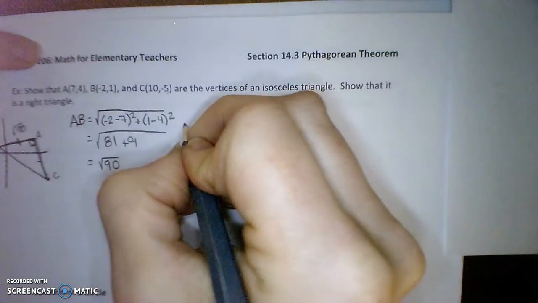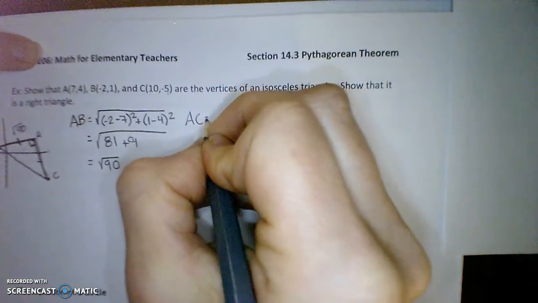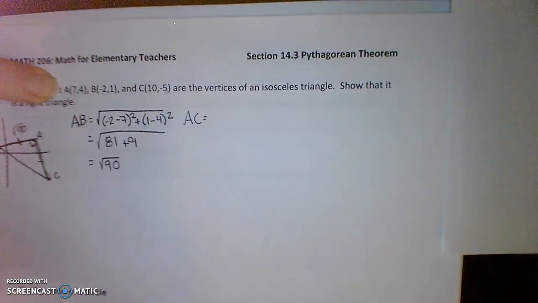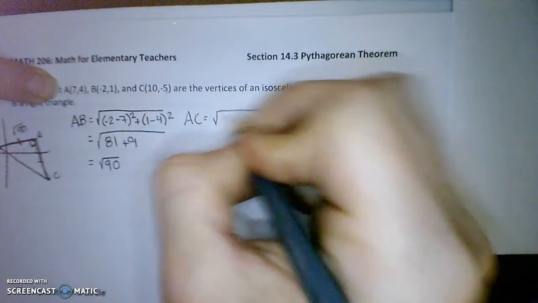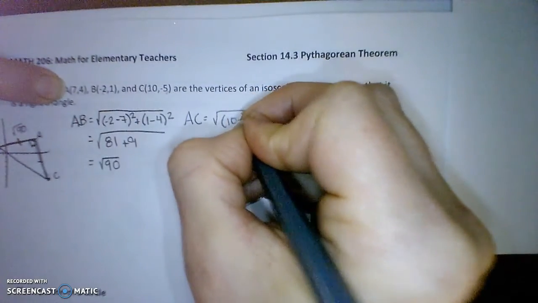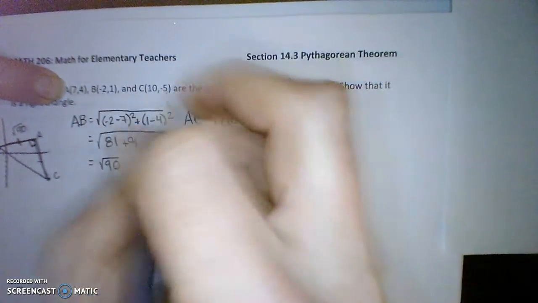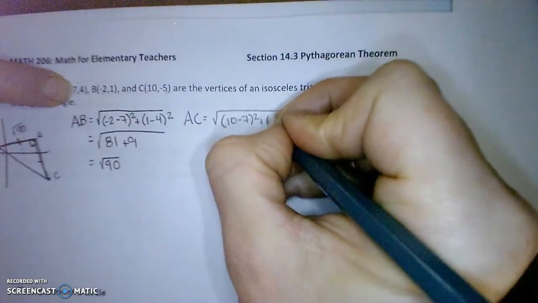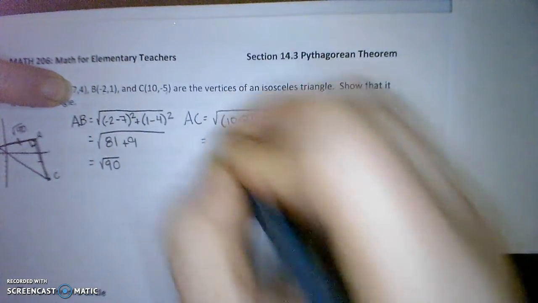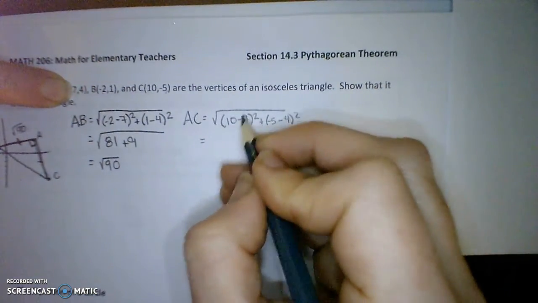Now let's do AC. So the distance from point A to point C. Calculate the square root, subtract the x coordinates, 10 minus 7 squared, plus subtract the y coordinates, -5 minus 4 squared. 10 minus 7 is 3.